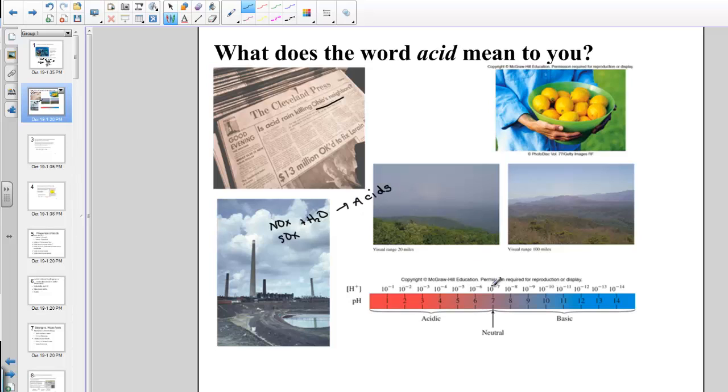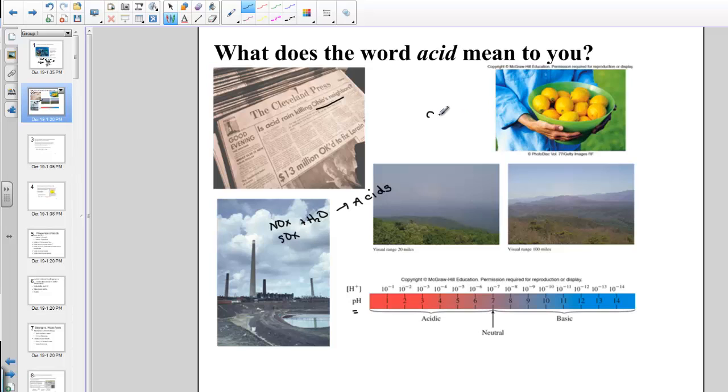And the acids are going to contribute to a change in the normal pH of rainwater and start to increase its acidity. And we'll talk in our new chapter about pH, the measurement of how acidic or how basic a solution is. I also see some common everyday lemons in this picture.